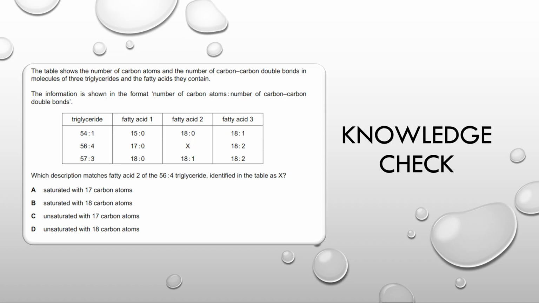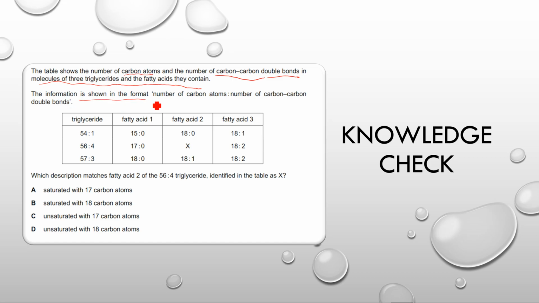Okay, look at this question. Now I want you to pause and try to solve it. The table shows the number of carbon atoms and the number of carbon to carbon double bonds of 3 triglycerides and fatty acids. So we're dealing with 3 triglycerides and fatty acids.